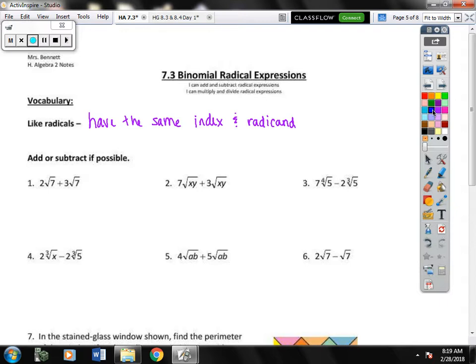The radicand is the number or variable under the radical. So this will be my index. This would be my radicand.